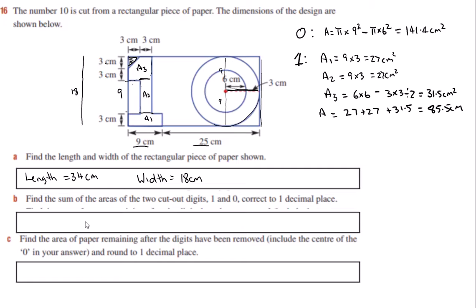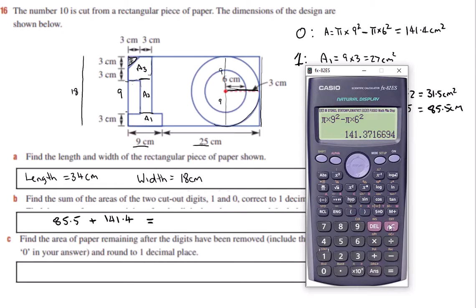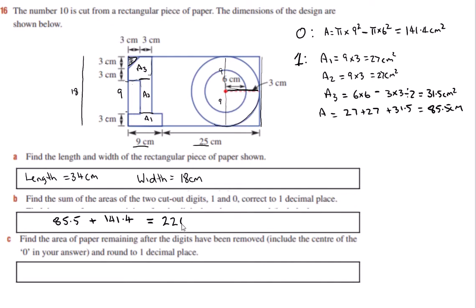So the sum of the areas: if we add 85.5 for the 1 plus 141.4 for the 0, our answer is 85.5 plus 141.4 equals 226.9 centimeters squared.